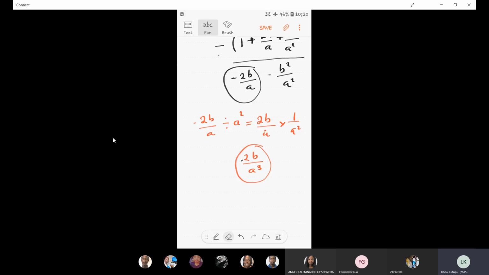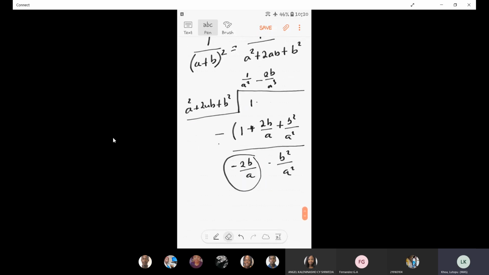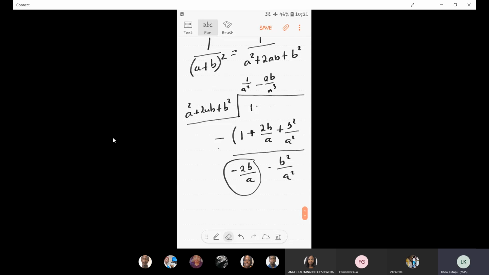And then after I've written it on top, I follow the same procedure. I multiply what I wrote on top with all these terms. So again, I will say this term here multiplied by the a squared. That gives me minus 2b over a. And then 2b over a cubed times that one.